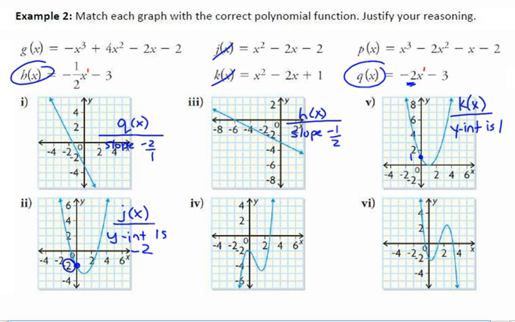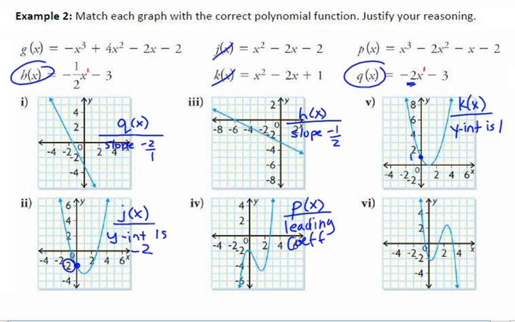Okay, our cubics. We have two cubics. How do we know which one is this graph for? Who says P? Who says G? Okay, it's P. Why is it P? The leading coefficient is positive.